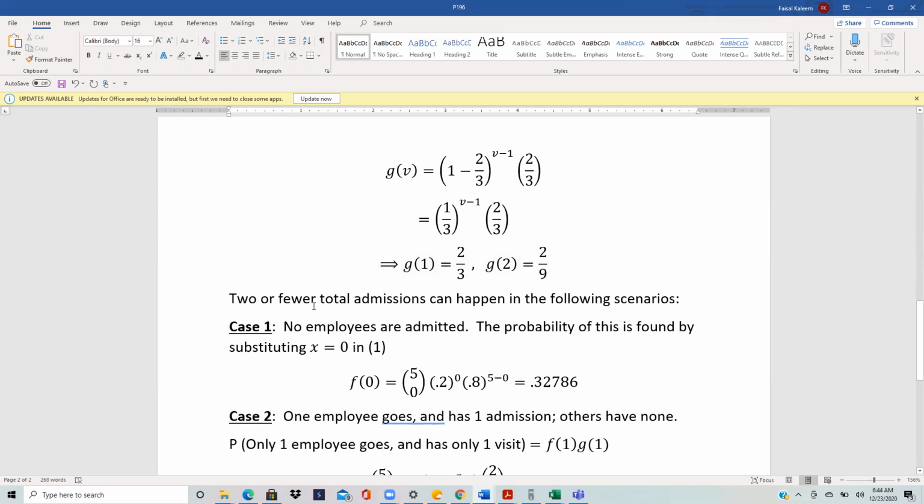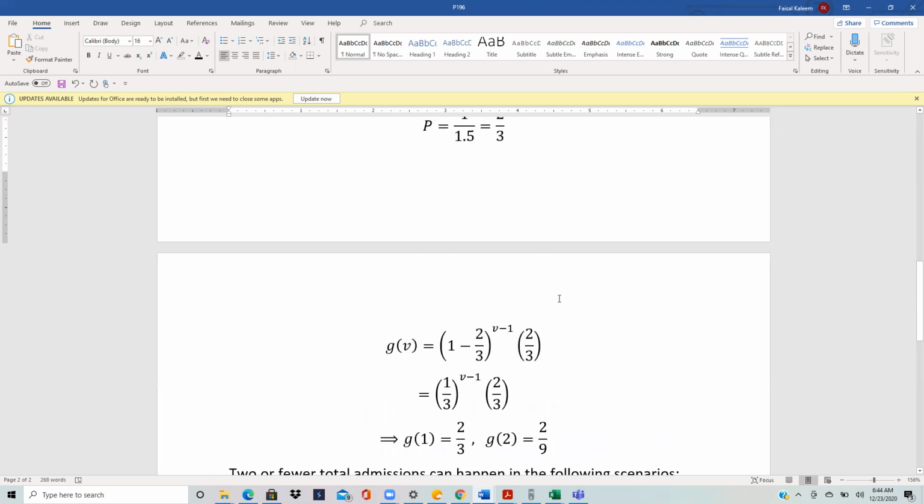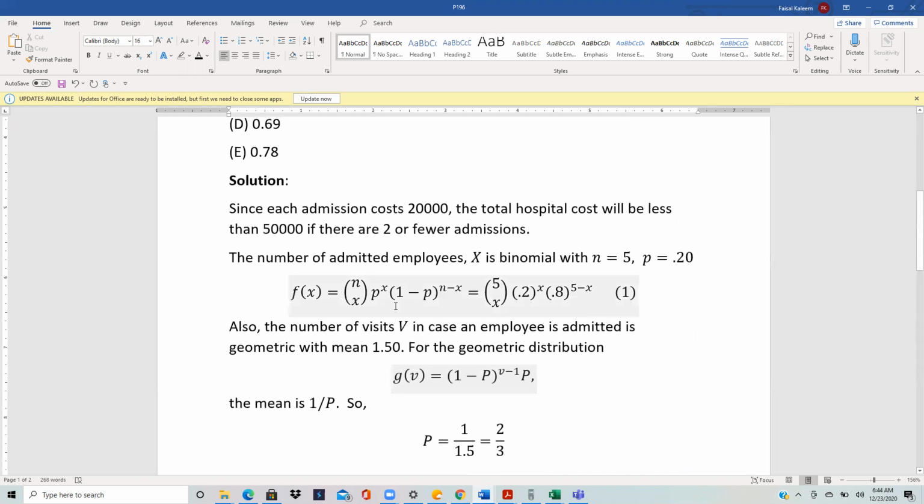So now the main question, remember, boiled down to finding the probability that there are 2 or fewer total admissions. Now this can happen in the following scenarios. Case 1, no employees admitted, then obviously we have 0 admissions, which is 2 or fewer. The probability of this can be found by substituting x equals 0 in f, which was giving us the number of admitted employees.